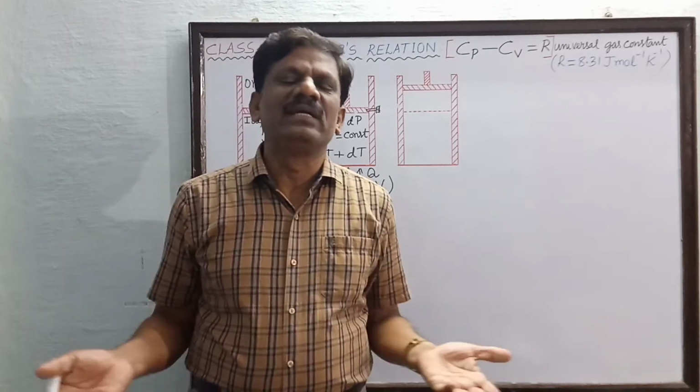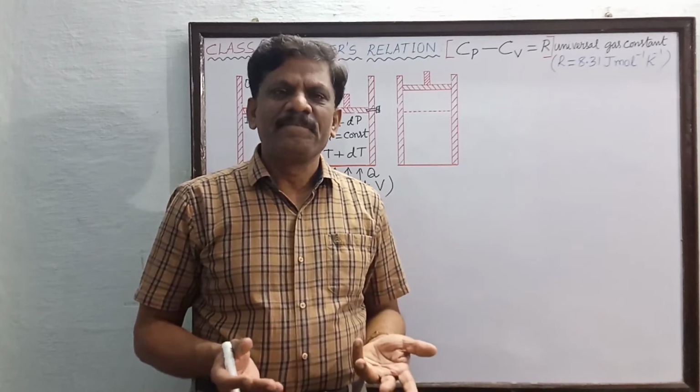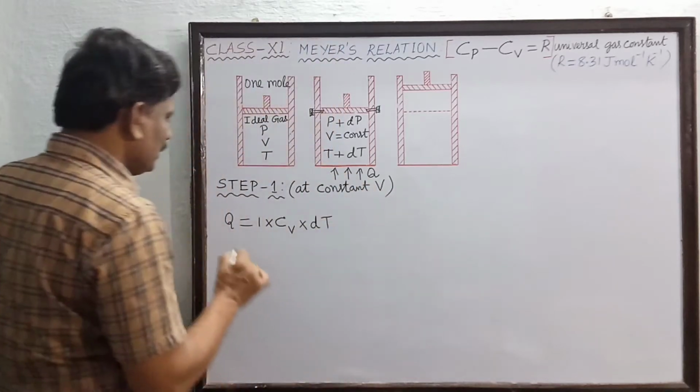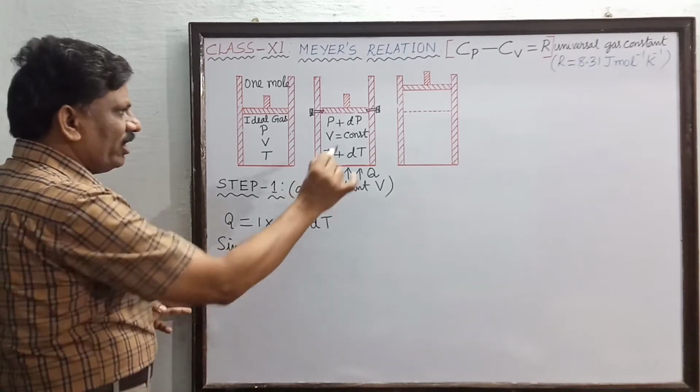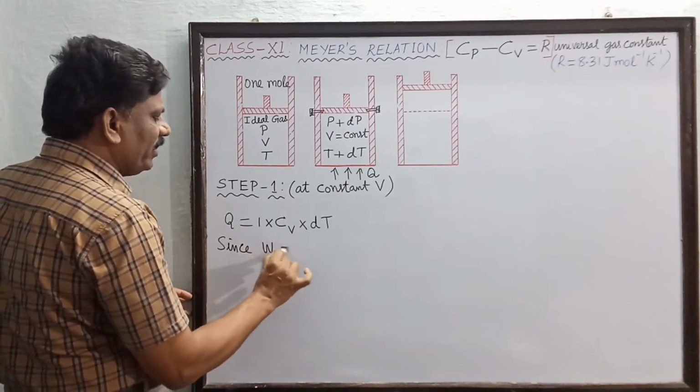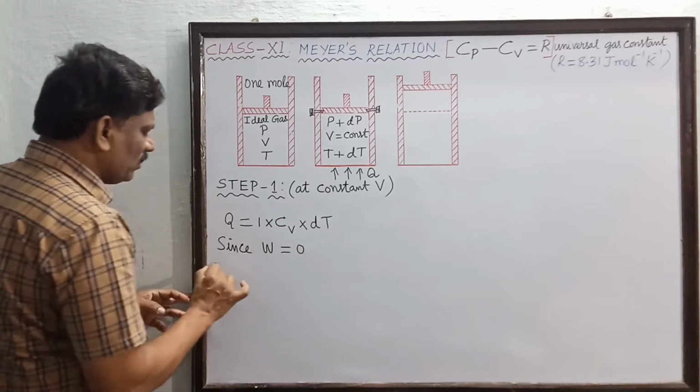And now the work done is 0 here. Since the volume is remaining constant, W is equal to 0.